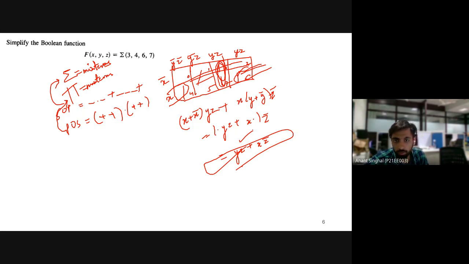Did you get the point? These are the redundant terms. So this is an important concept. And again, Adarsh and Ashwini, did you get the answer now? Please respond.